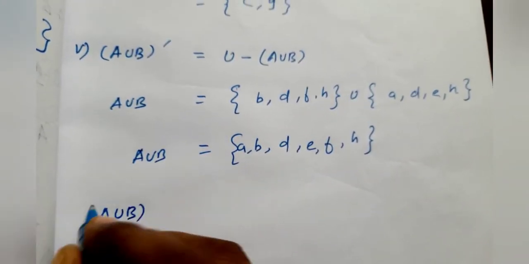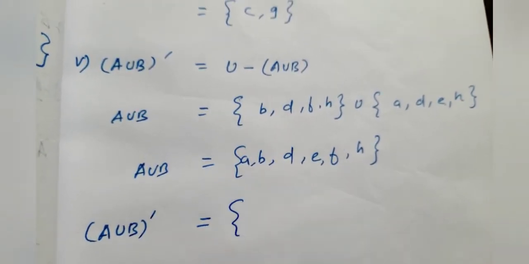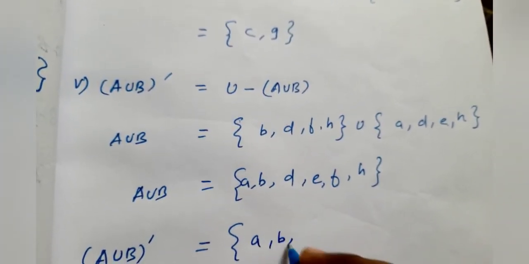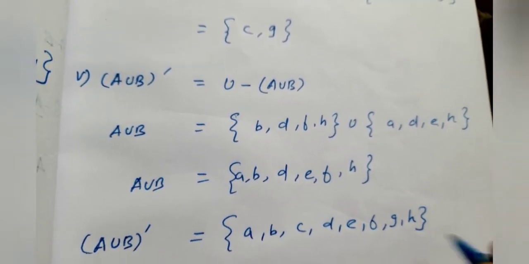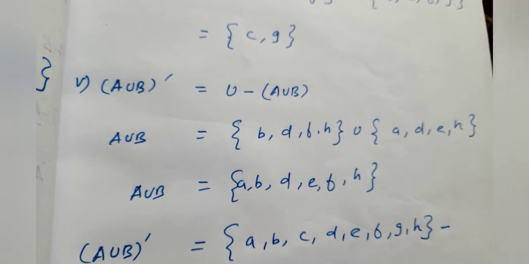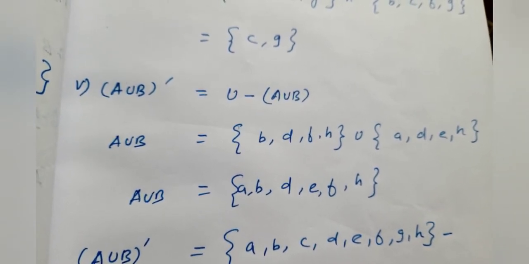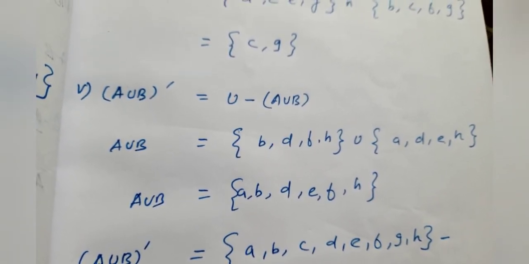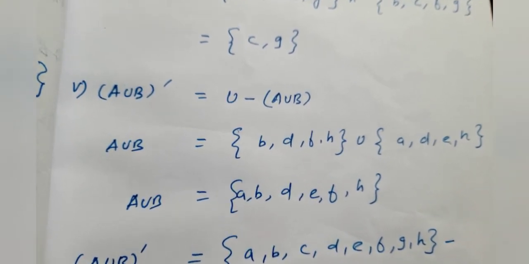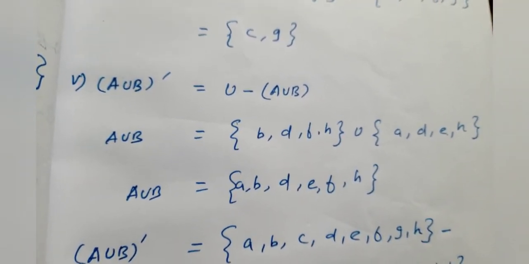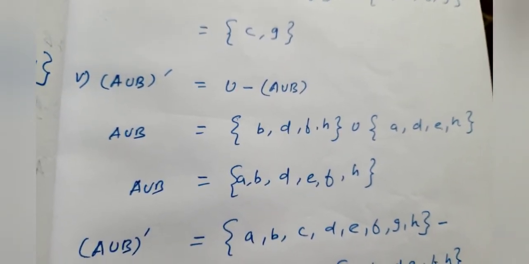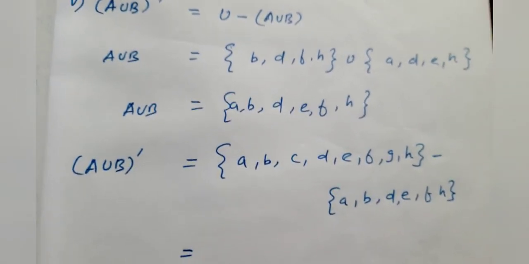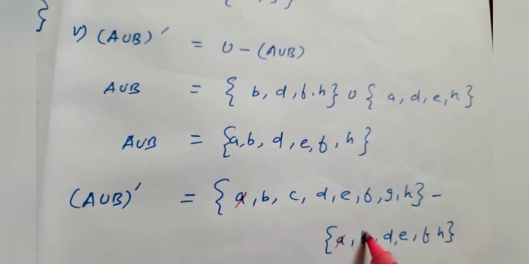Now we are going to find A union B the whole dash, which means universal set A, B, C, D, E, F, G, H, and subtract the A union B, that is A, B, D, E, F, H. So just cancel the common elements.